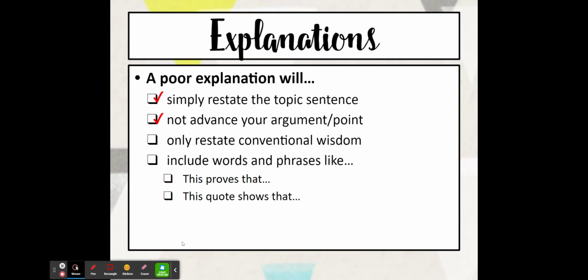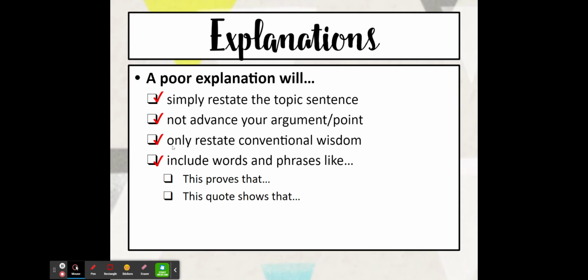A poor explanation will not advance your argument or point. So a simple statement is not enough. You need to really explain your reasoning. It only restates conventional wisdom. We just don't want to say things like it's important to conserve water, right? Or cell phones are important in case of emergencies. Well, yeah, that's obvious. A lot of people can tell you that.